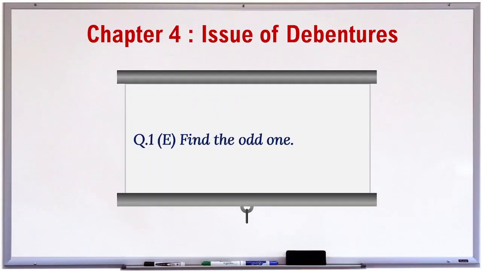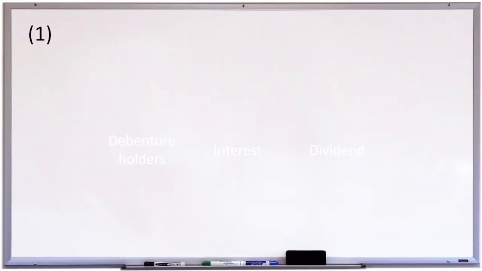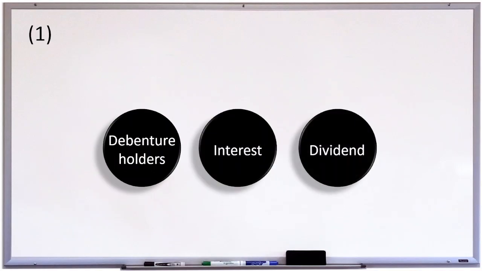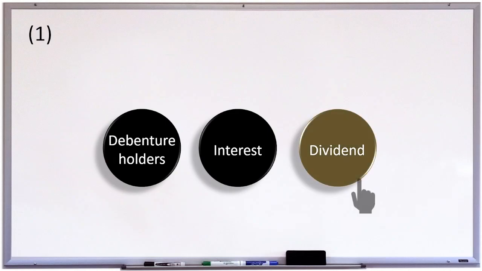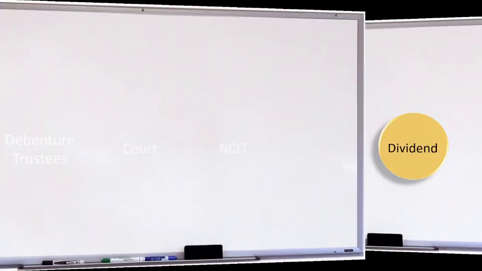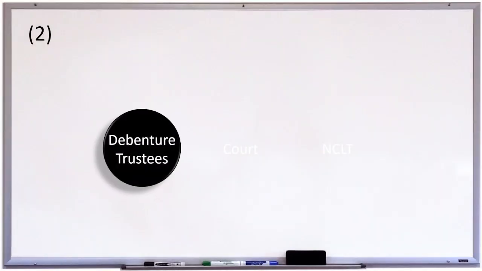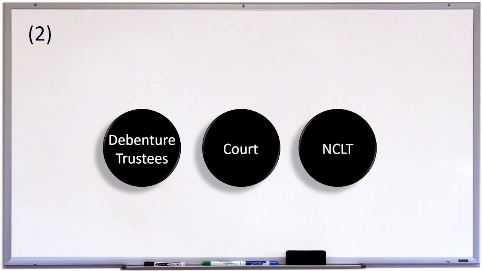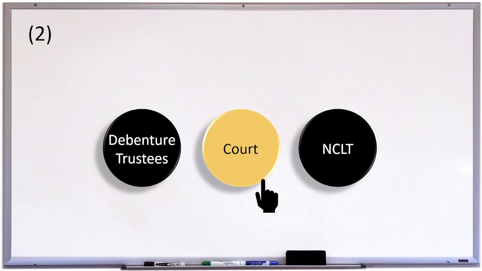Question 1. E. Find the odd one. Debenture holders, interest, dividend, and the odd one is dividend. Debenture trustees, court, NCLT, and the odd one is court.